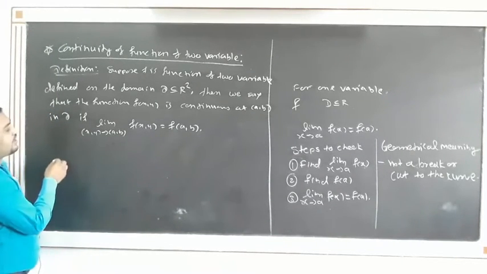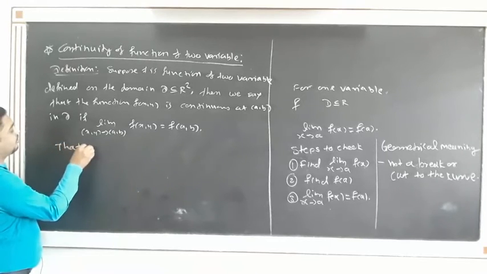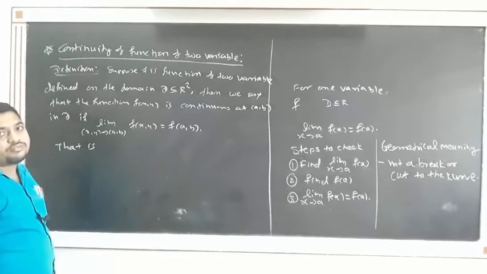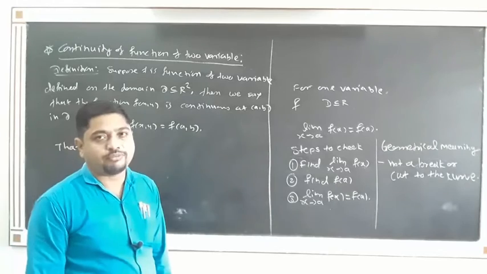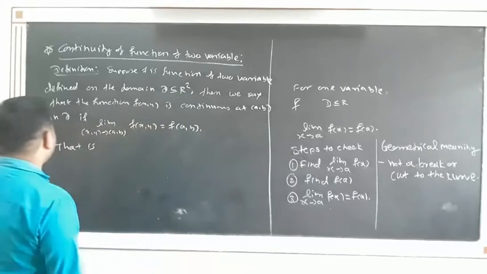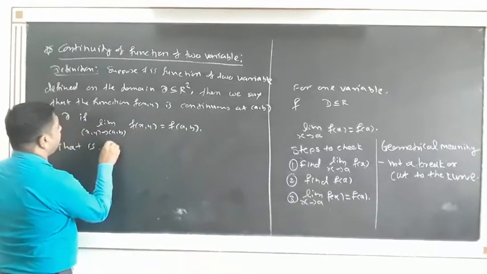If you write the precise definition, that is, the epsilon delta definition, how do we write it?